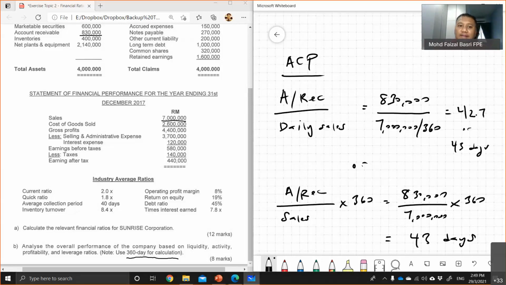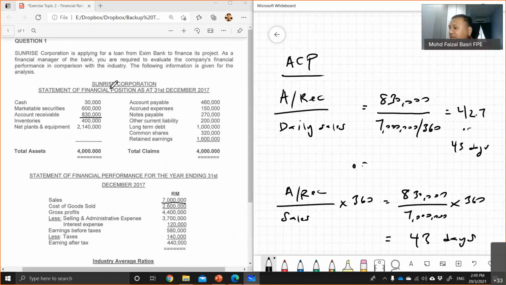As I said, the shorter the number of days, the better. So if you compare this 43 days against the industry average of only 40 days, and when you compare, always compare from the point of view of the company we calculate, which in this case, what's the name of the company again? Sunrise Corporation.